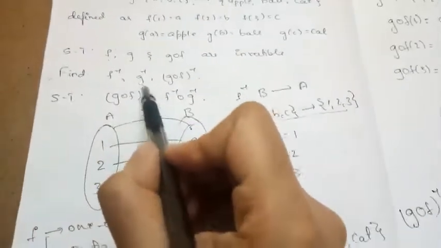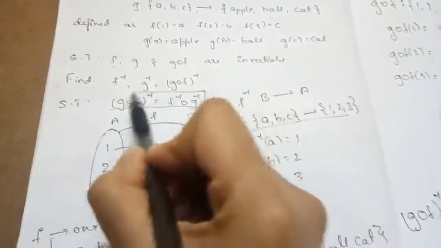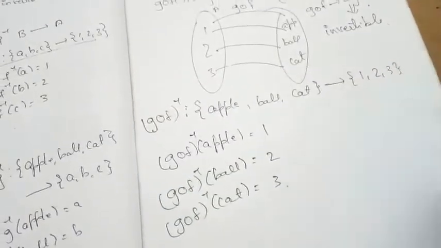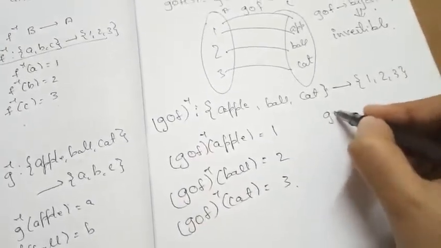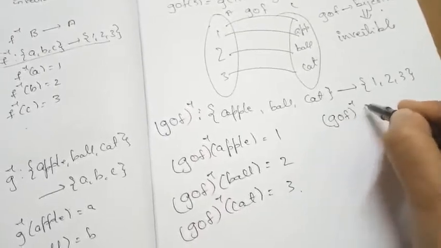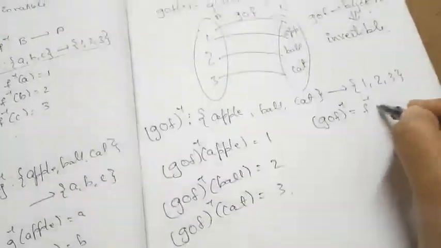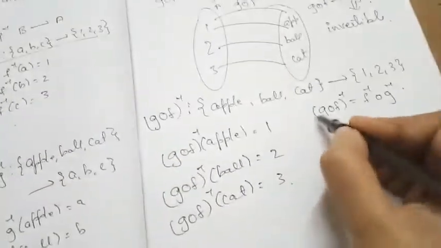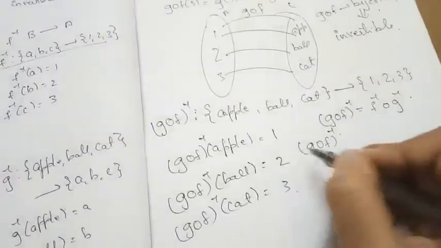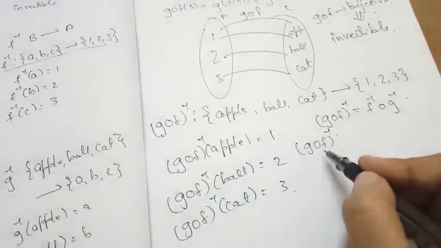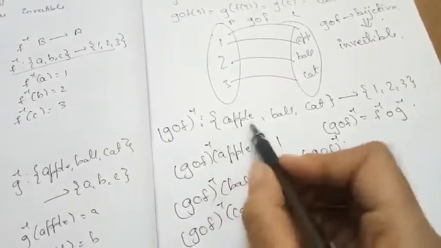Now the last part is remaining. We need to show that (gof) inverse is equal to f inverse of g inverse. So I will show it for one variable, and for the rest two you need to verify. What we need to prove is (gof) whole inverse is equal to f inverse of g inverse. I will consider the LHS, that is (gof) inverse. What input are we taking here? From the domain of (gof) inverse.